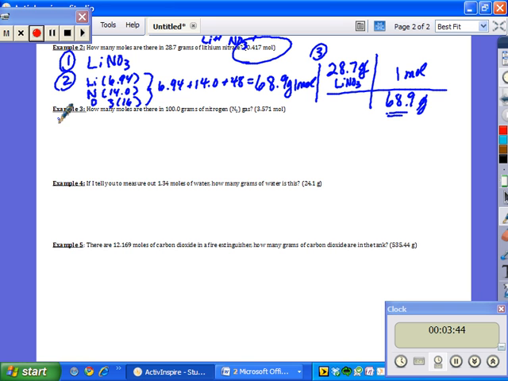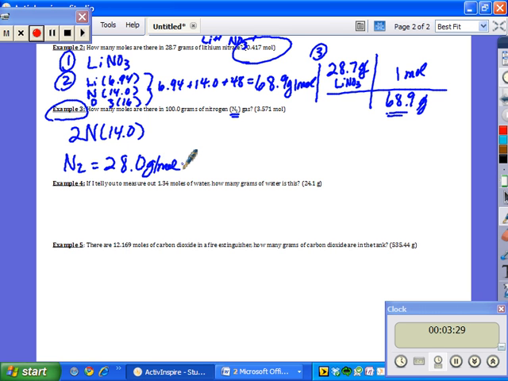Okay, example 3. Nitrogen is N2. So I have 2 nitrogens at 14, or the molar mass of nitrogen is 28 grams per mole. That was steps 1 and 2. Step 3, I'm going to set up my DA problem. 100 grams of nitrogen.